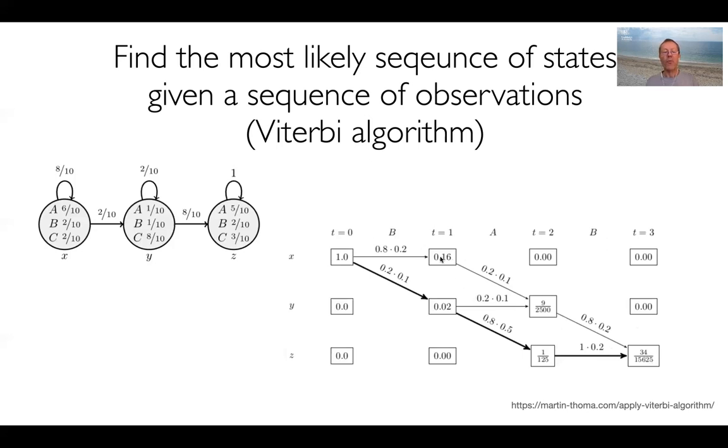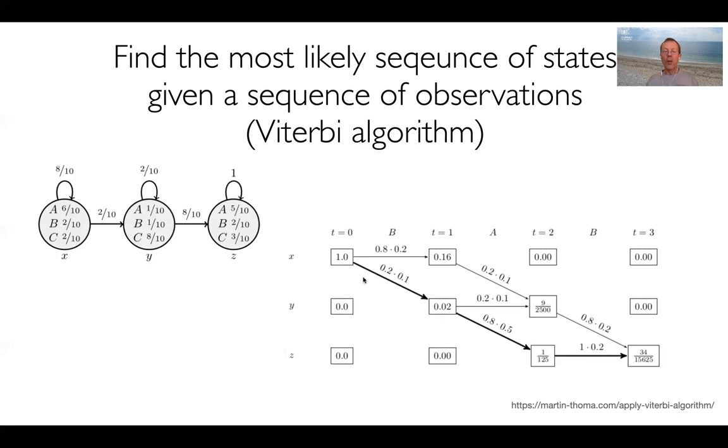So we have to move from X to Y, transition probability 0.2. We then have to generate an A, emission probability 0.1. So times 0.2 times 0.1. And we had initially a probability of 0.16 to start out here. So we multiply these 3 together, 0.16, 0.2, 0.1. And that's the contribution to the probability of the state Y after 2 steps, if we take this route.